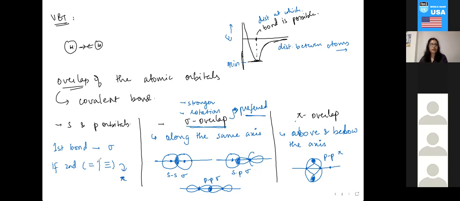Hamesha your first bond, whether single, double or triple, pehla bond hamesha sigma hi hoga. Then if a second or third bond is required, like in a double bond there are two bonds, in a triple bond there are three, the first one is always sigma and the remaining others are always pi overlap.